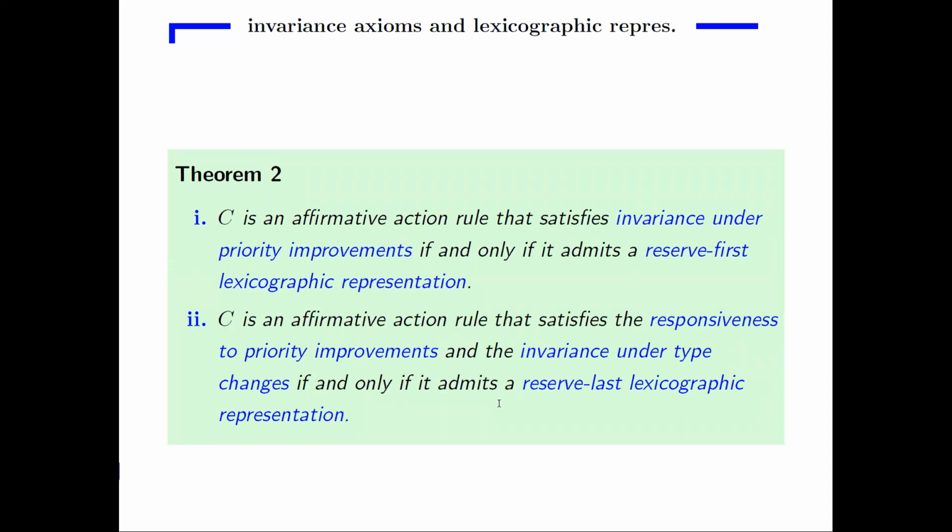So we characterize a general class of plausible choice rules for affirmative action policy, and in a sense, the most popular subclass of these rules turns out to have a simple characterization, with an added axiom, that is, the invariance axioms.